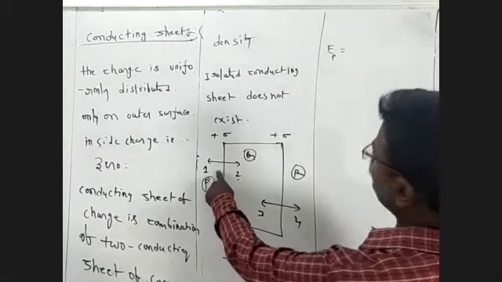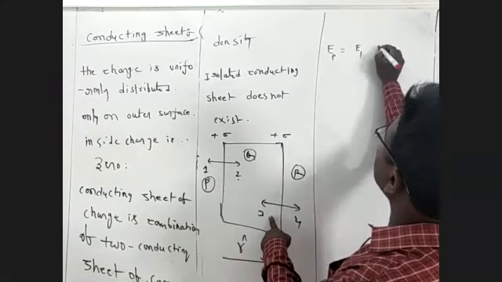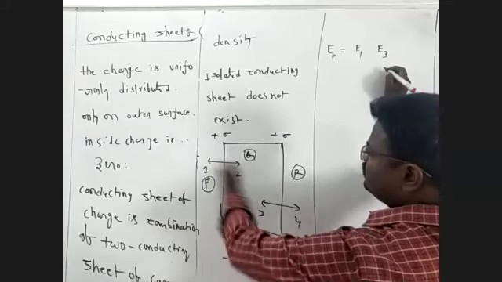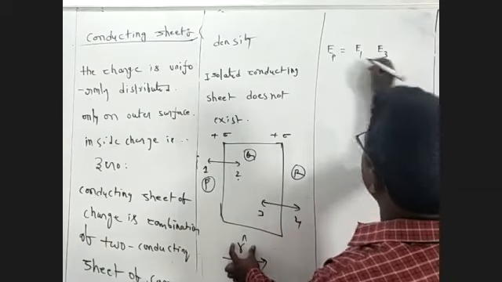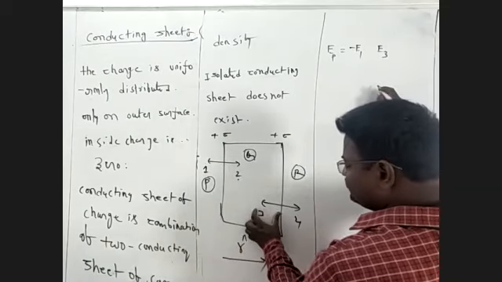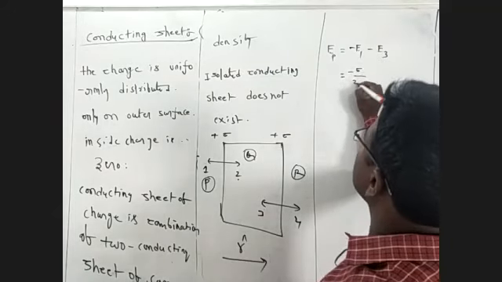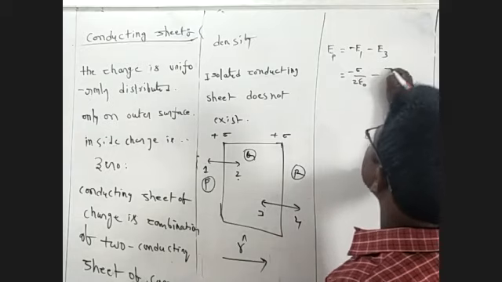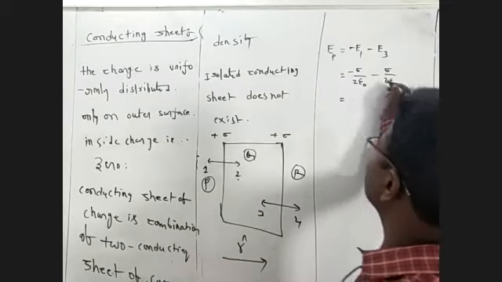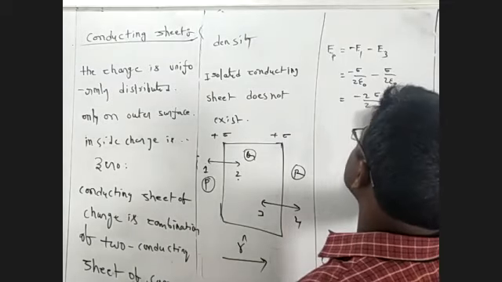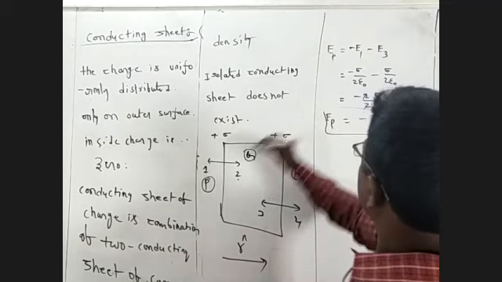Keep in mind, this is E1 and this is E3, both in outward direction. The direction of E1 and R cap are opposite, and the direction of E3 and R cap are opposite. So minus sigma by 2 epsilon, minus sigma by 2 epsilon, giving minus 2 sigma by 2 epsilon naught. Two cancels, so EP is minus sigma by epsilon naught. This is the EP region.